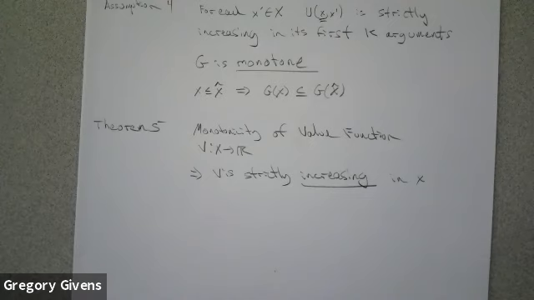If the value function in the optimal growth model depends on the initial capital stock, that's the X, then what this is saying is that if our creator endows us with more capital in the initial period, the value function is going to be greater. We're going to achieve a higher level of total lifetime utility as a result of that. Not too surprising, right? But the monotonicity of the value function is really essential in establishing properties about existence, uniqueness, and stability of the steady state in the optimal growth model.